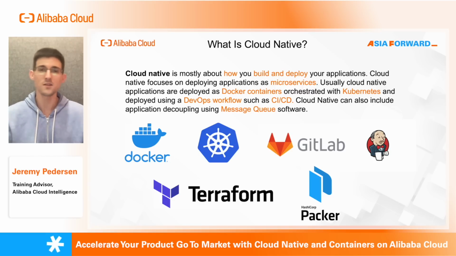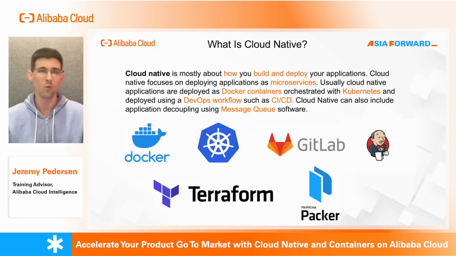So when I talk about Cloud Native, we're not talking about a particular tool or even a particular process, but we are talking about a certain mindset, the mindset of taking best possible advantage of some of the unique features of the public cloud. So it's really about how you build and deploy the application.